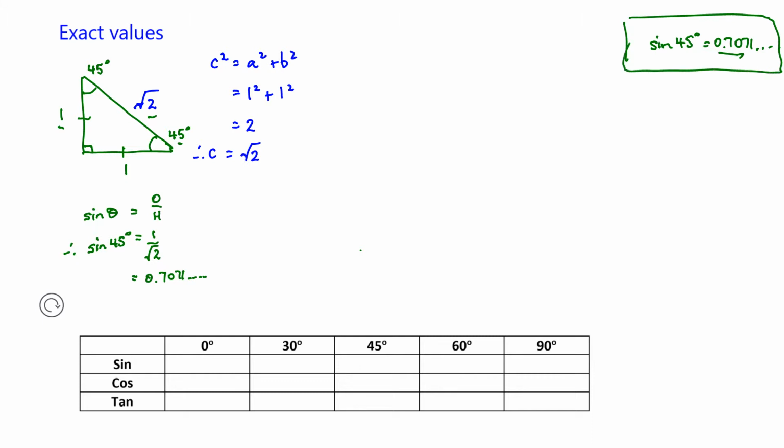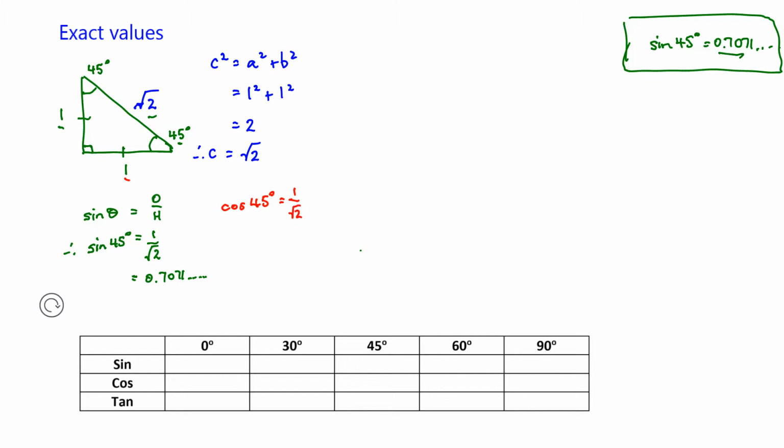Now, we can do similar things to help us find exact values for things like cos. So looking over here, we might try cos of 45 degrees. So cos we know is the adjacent, which is this side, over the hypotenuse. So again it's 1 over root 2.